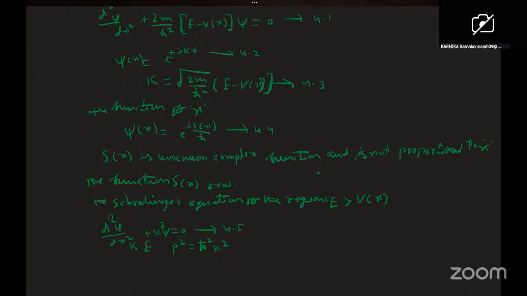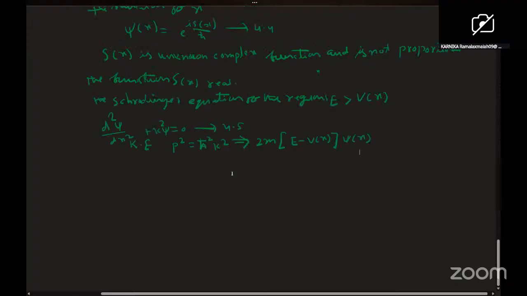Simplify this: 2m times E minus V of x into psi of x. Okay. So here, differentiating equation 4.4.